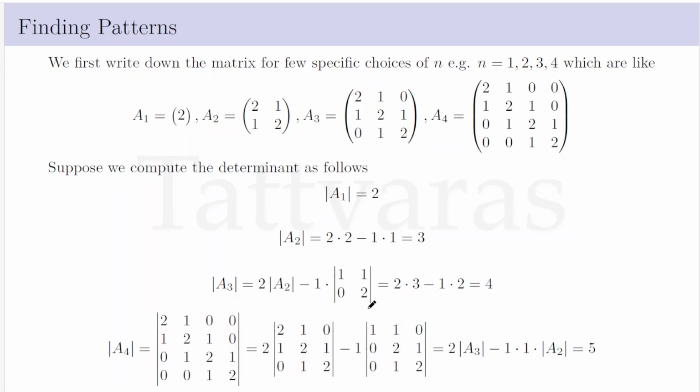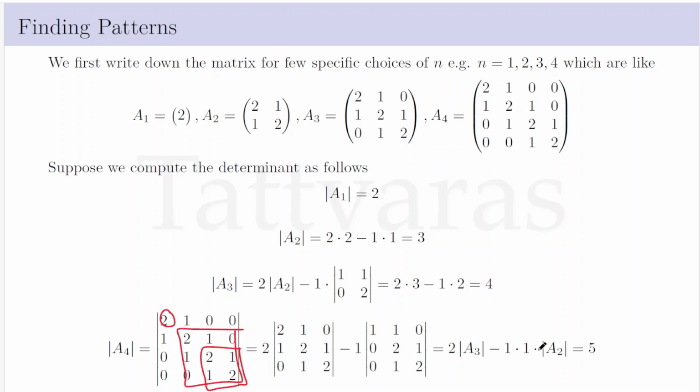If you compute for A4, it is even more evident. We will have 2 times the determinant of A3 minus 1 times the corresponding adjoint, but that again breaks down to the determinant of A2, the second order principal block matrix.